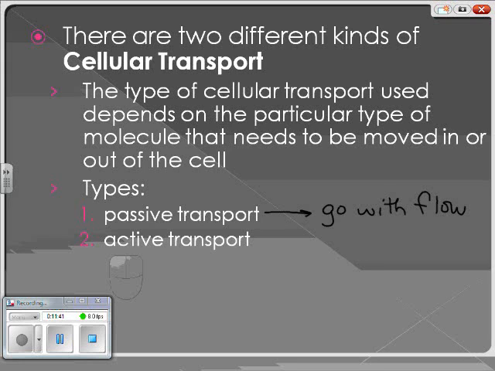Passive transport is go with the flow transport. Whereas active, an active person is like go, go, go, go, go, right? Non-stop. Active transport is going to be super energetic, really hyper, going all the time, right? So passive transport, you're just kind of chill, you're going with it. Active means you're really pursuing it, you're going for it.